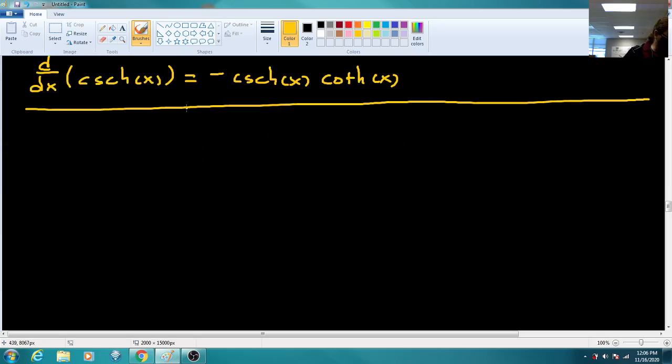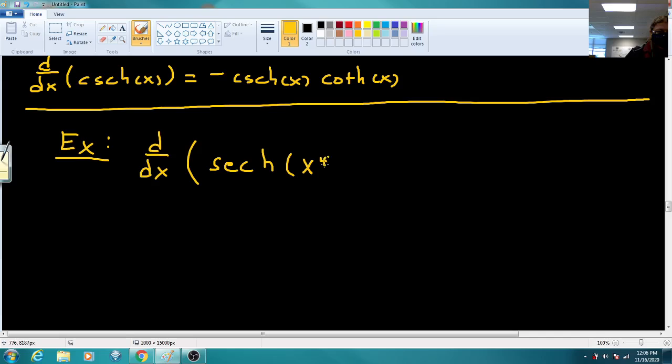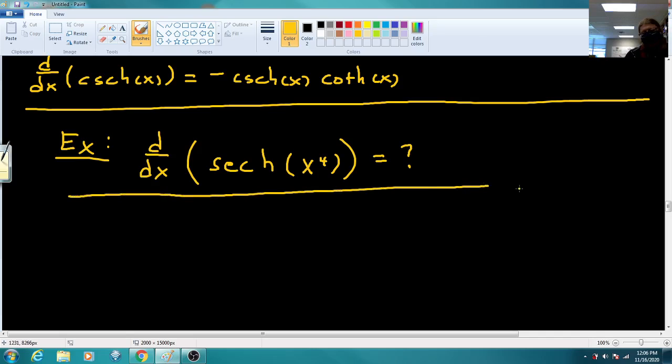Okay, so let's do a couple examples. Let's say, what's the derivative of hyperbolic secant of x to the fourth. Well, the chain rule is going to apply. Hyperbolic secant is the outer function.